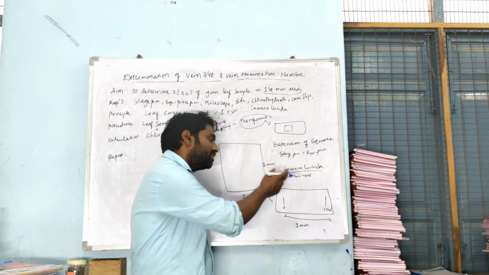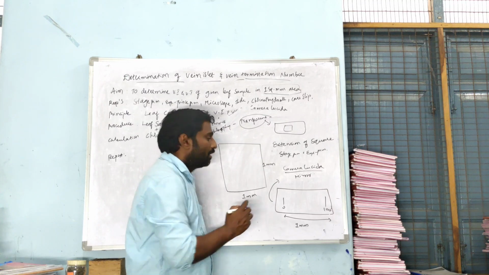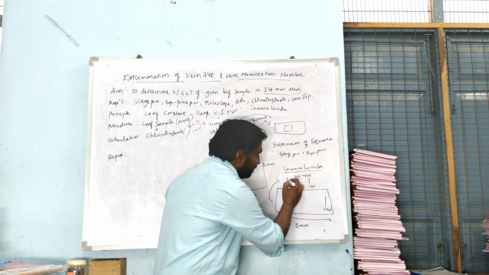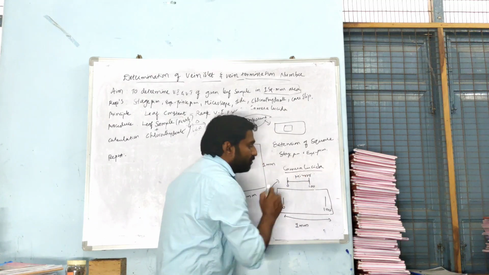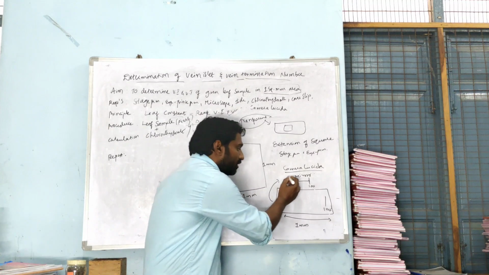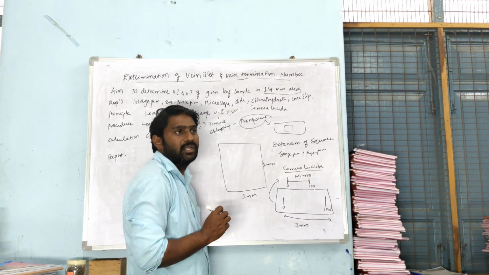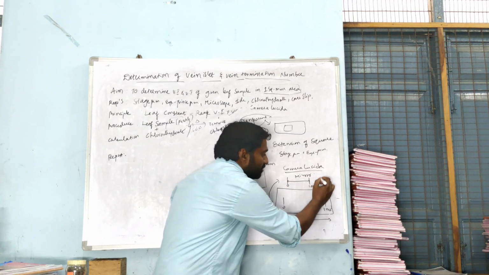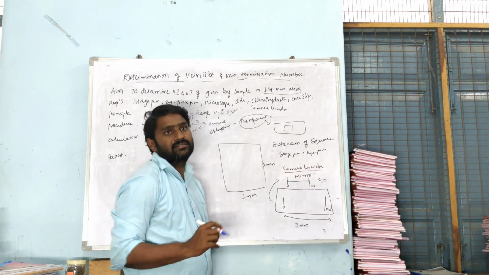After tracing the 0 to 100 divisions on the black chart paper, you draw two lines at 0 and 100, and you can measure the distance between 0 and 100 by using a normal scale in centimeters.